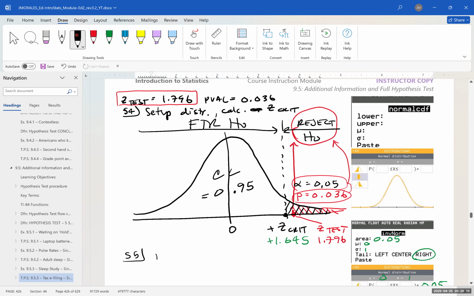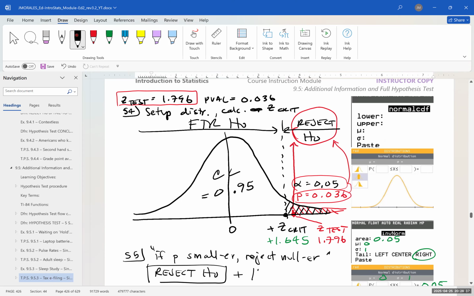Because if the p-value is smaller, then you reject the null. So we're going to end up rejecting the null hypothesis, and the alternate hypothesis was our original claim.